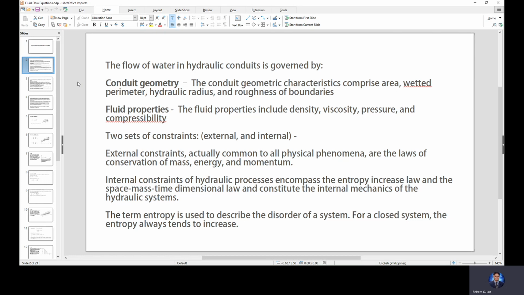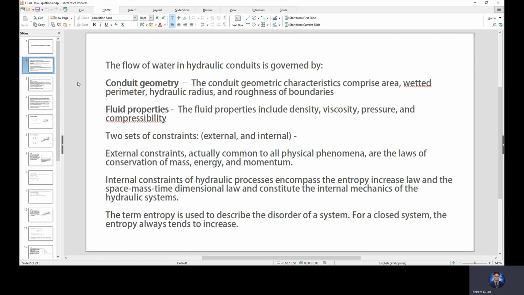And we have some constraints, external and internal constraints. So external constraints, actually common to all physical phenomena, are the laws of conservation of mass, energy, and momentum. Actually, those are the things that we will discuss in these topics.